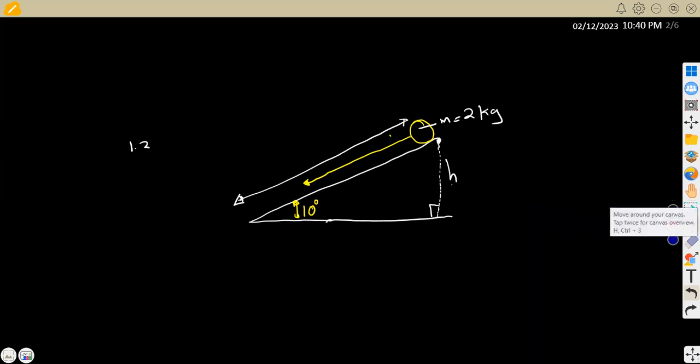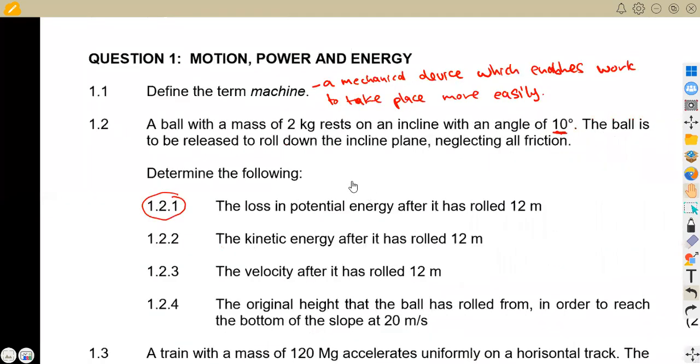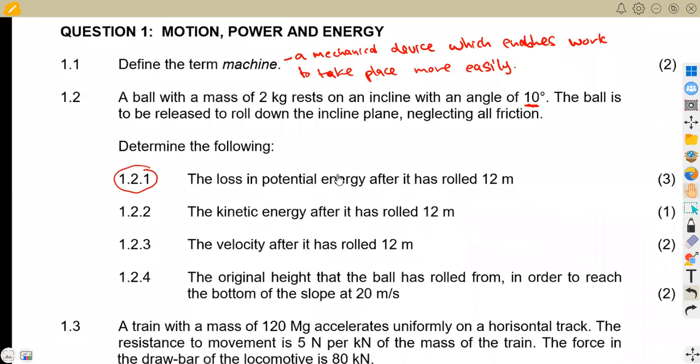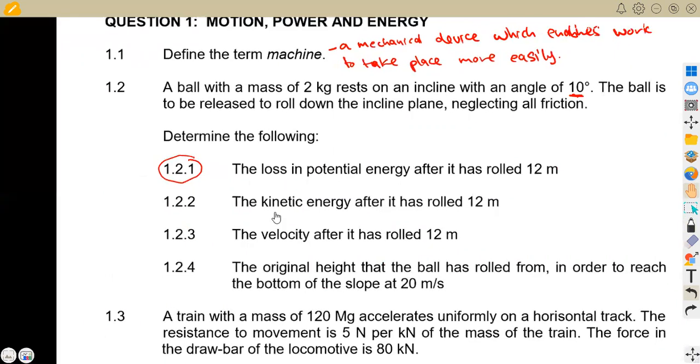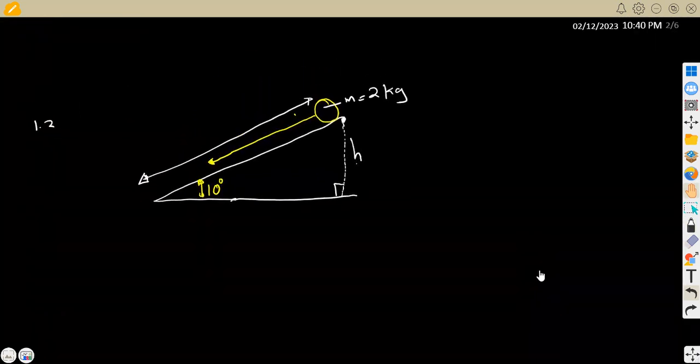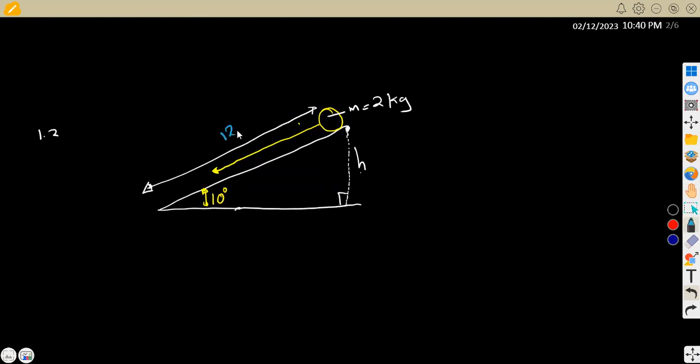The question here is to determine the loss in potential energy as it goes down, after it has rolled 12 meters. Take note, we are given the distance the ball is going to roll from the top to the bottom, which is 12 meters, and we are told to neglect any friction.